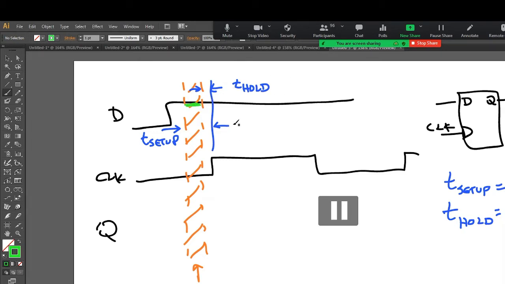So for instance, if I were to take this little black line here, I could have this situation. D changed there. D actually changed before the clock edge and went low.